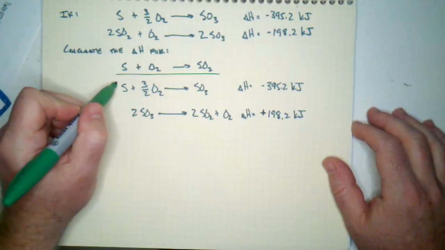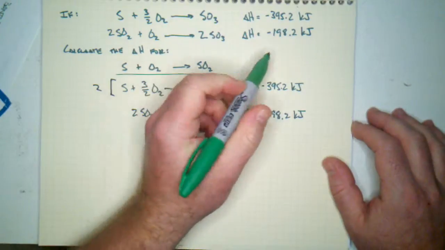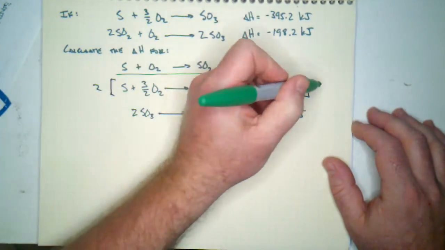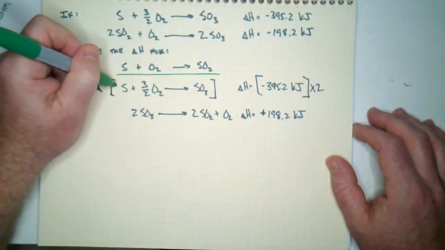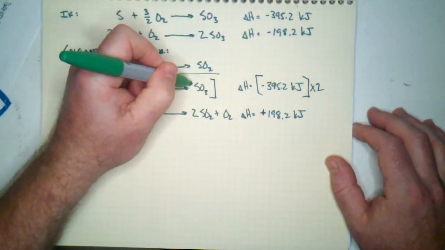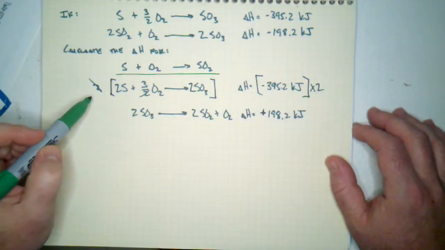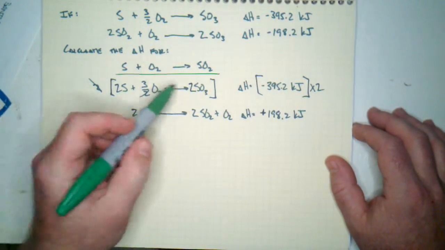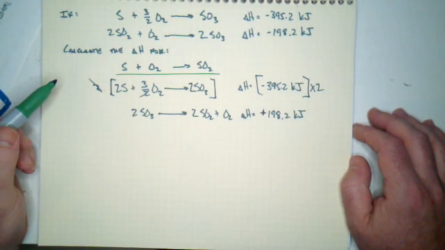So we'll put a 2 out here, and then we have to put a 2 here. So what happens now is I get rid of this 2, I got a 2 here, I cancel that 2 out, and there's a 2 here, because 2 times S is going to be 2S, 2 times 3 halves is going to equal 3 O2s, and 2 times 1 SO3 is going to be 2 SO3s.